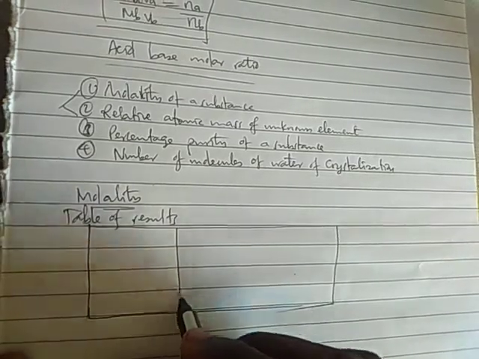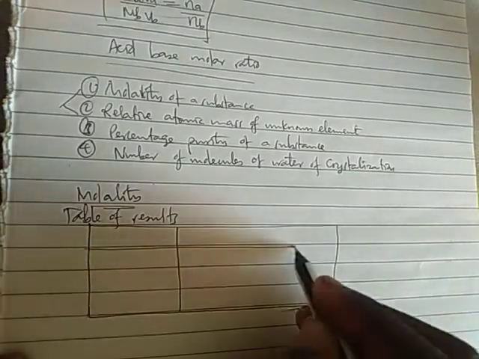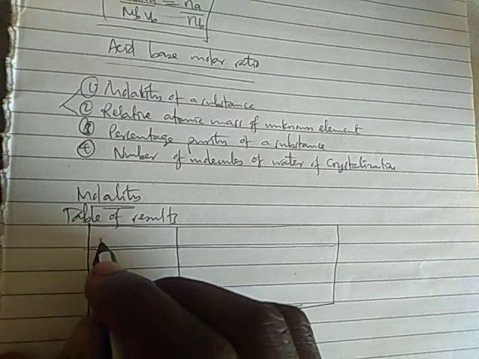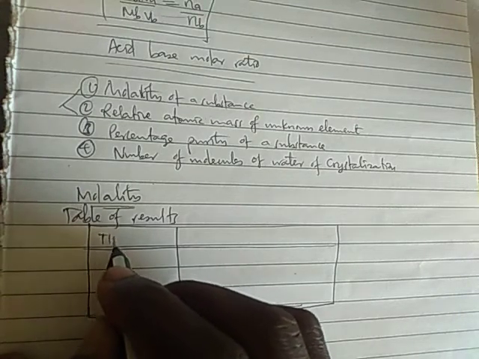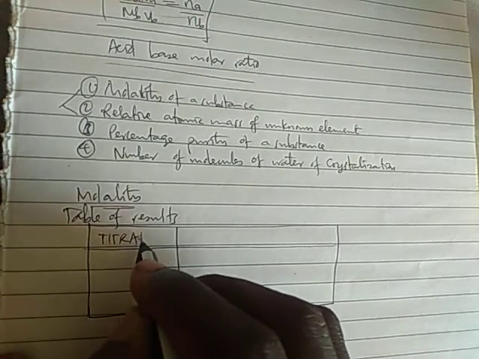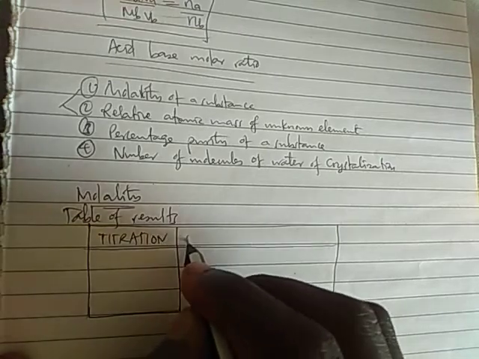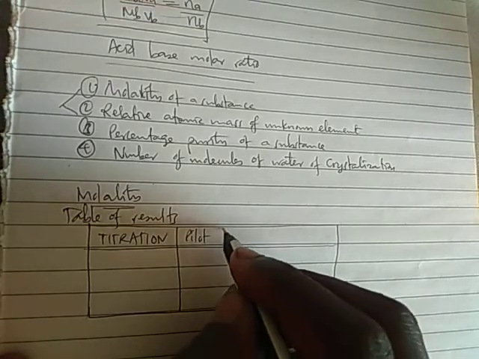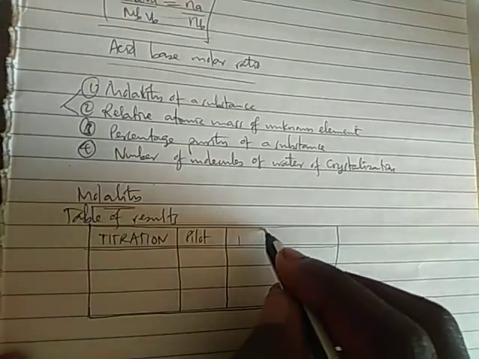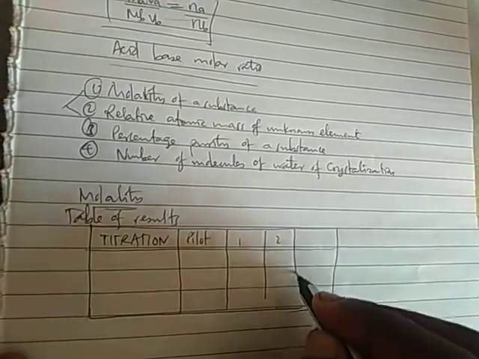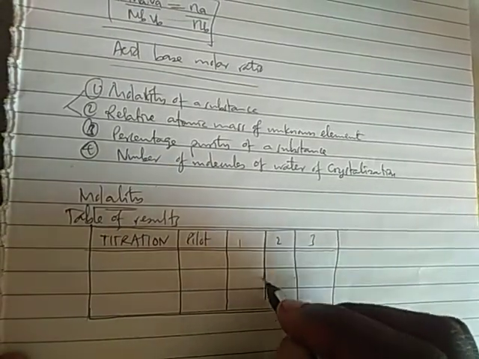Kutoka kwenye table of results tunakuwa tuna vitu vingi hapa katikati. Hapa tunaweza kusema ni titration, ambapo tunakuwa na kwanza pilot, tunakuwa tuna namba 1, namba 2 na namba 3.